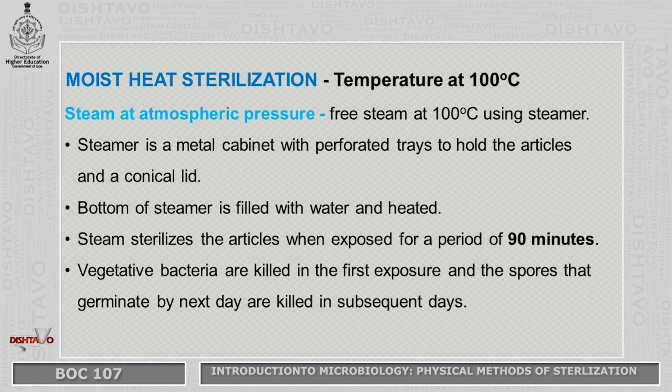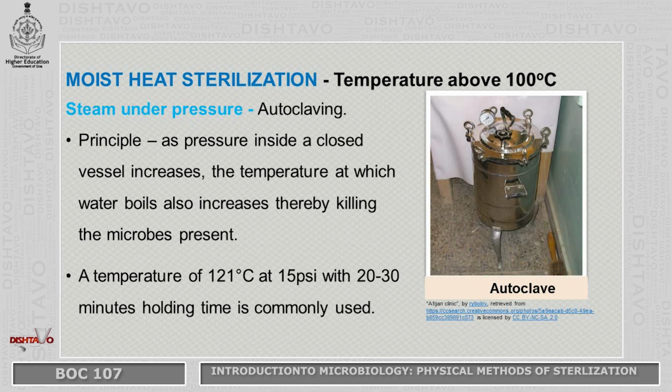The bottom of the steamer is fitted with water and heated. Steam sterilizes the articles when exposed for a period of 90 minutes. Vegetative bacteria are killed in the first exposure and the spores that germinate by the next day are killed on subsequent days.